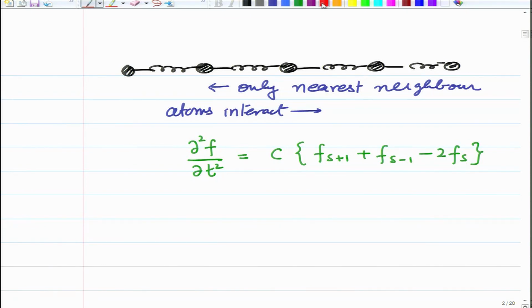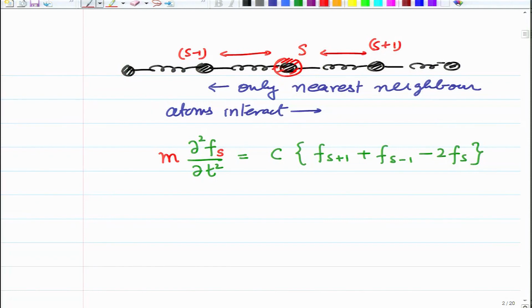There should be a mass term with the displacement, and this is the displacement for the sth atom, and then the rest follows. So, what we are doing is we are writing the equation for this sth atom out here. I am showing you on top of the screen. This is interacting with the next atom, s plus 1th atom and s minus 1th atom, only the nearest atoms, and then this becomes the equation.